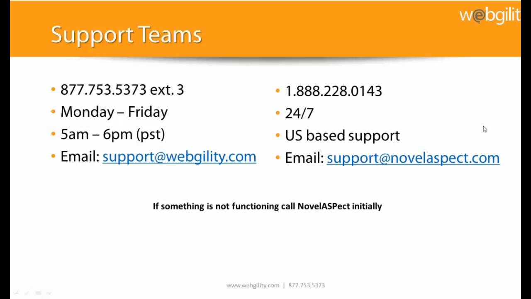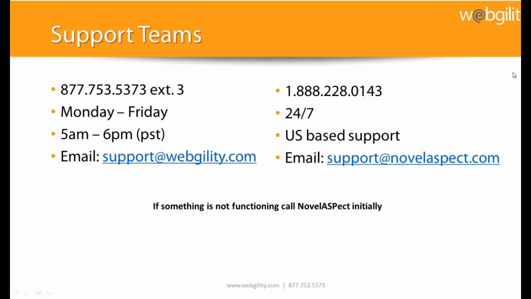And then if there's an issue that we have to attend to, NovelASPect will contact our support team to make sure to get that done for you. So you just want to make sure you're covered. You've got two areas of support, and your Webgility subscription, annual or monthly, comes with support. So just want to let you know we're here for you.